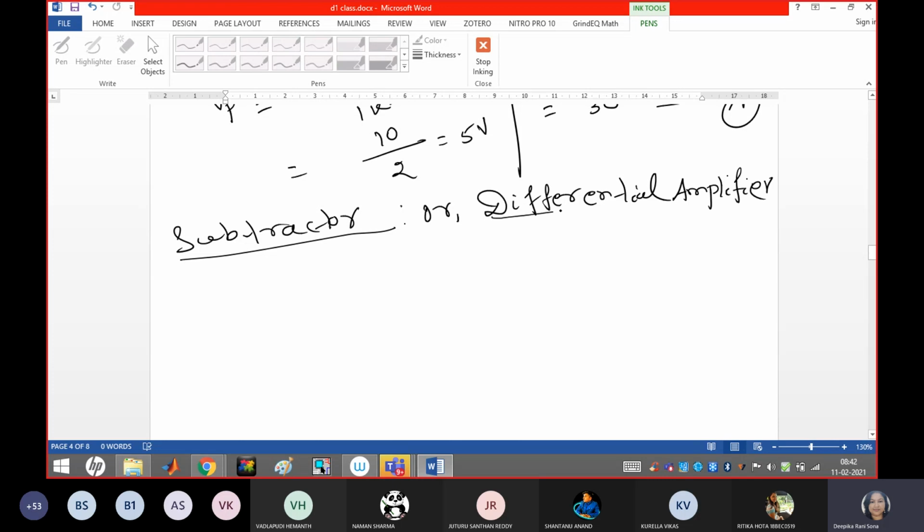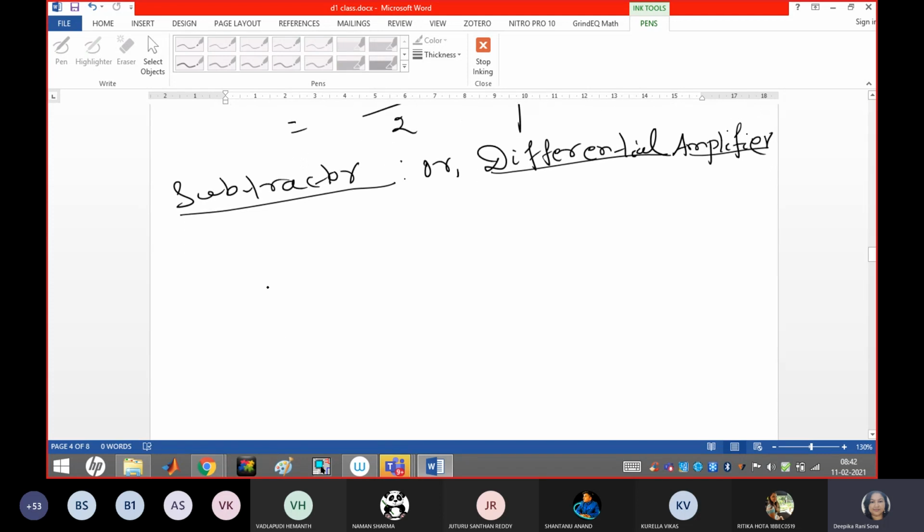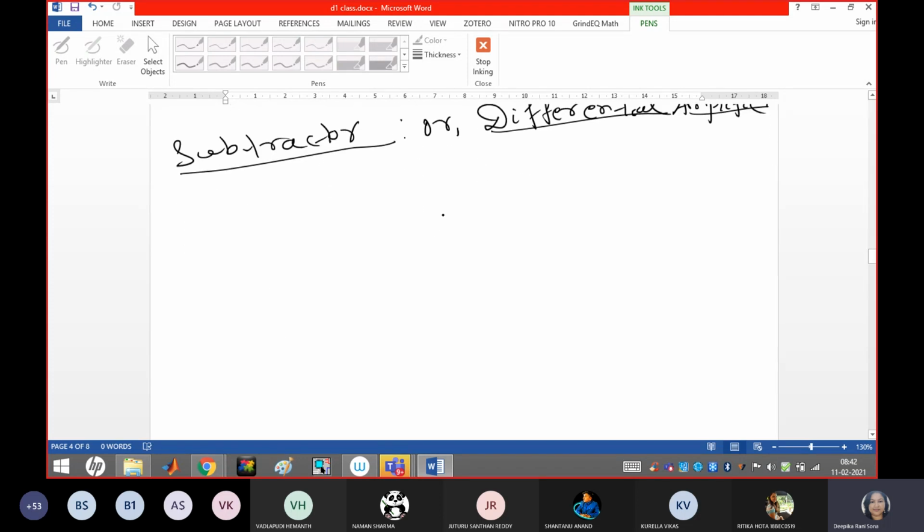What is the other name of the subtractor? Differential amplifier. What should be the definition of the subtractor, guys? The two inputs should be subtracted. The output is nothing but the subtraction or difference between the two applied inputs.